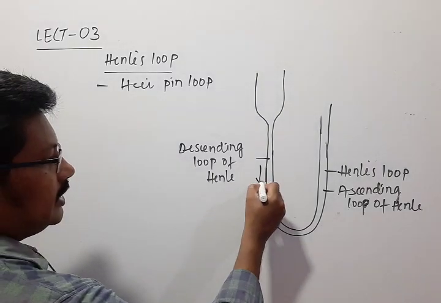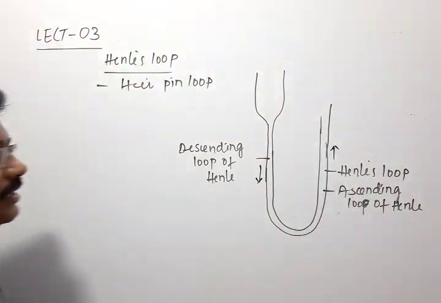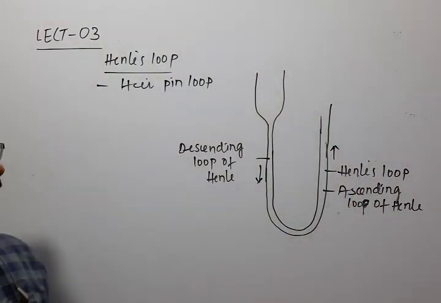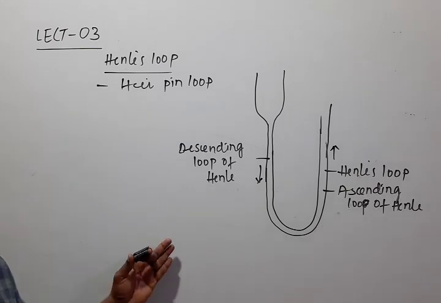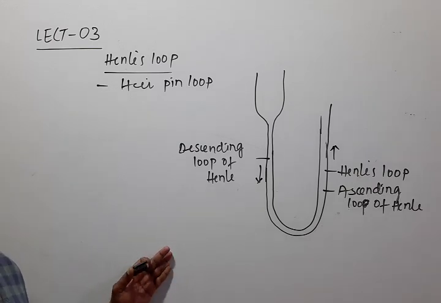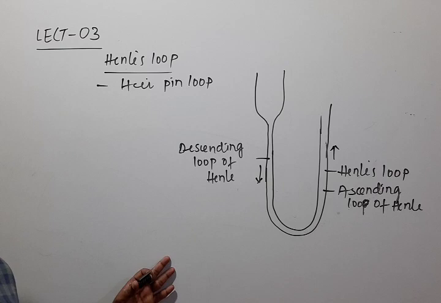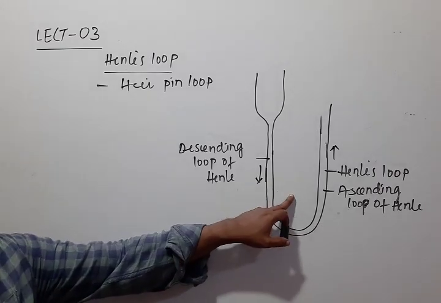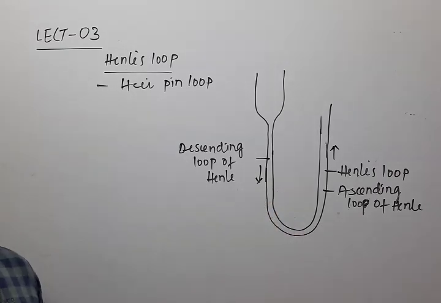So this is the descending and this is the ascending loop of Henle. Here, when you come to the juxtamedullary nephrons, the ascending loop will have two segments. One is thin and another one is thick.